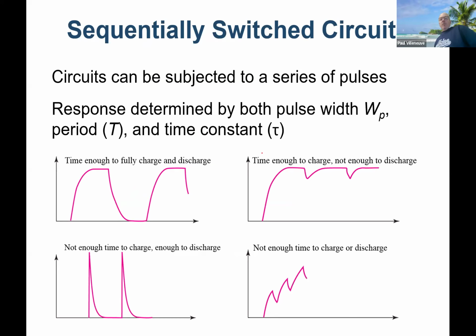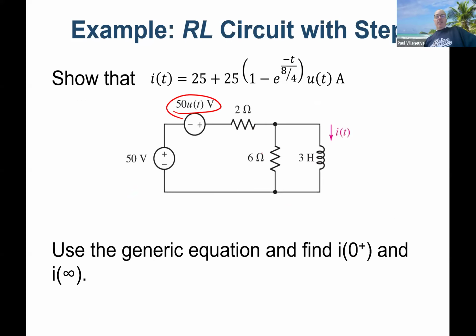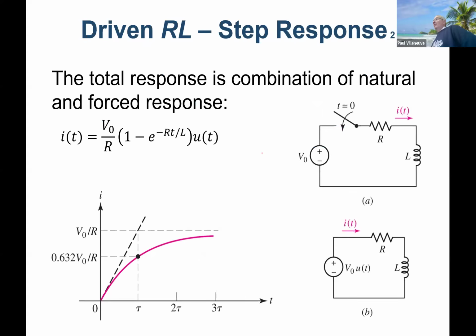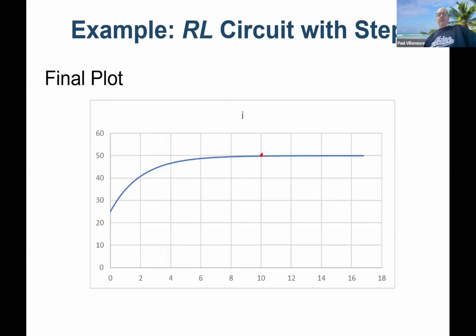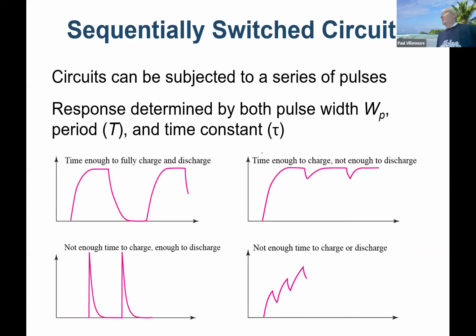What happens if you started doing stuff with pulses? Well, you can build pulses. With capacitors or inductors, instead of a unit step like our condition over here, you can actually have a switch open, close, open, close, open, close, and you can get very different looking waveforms.